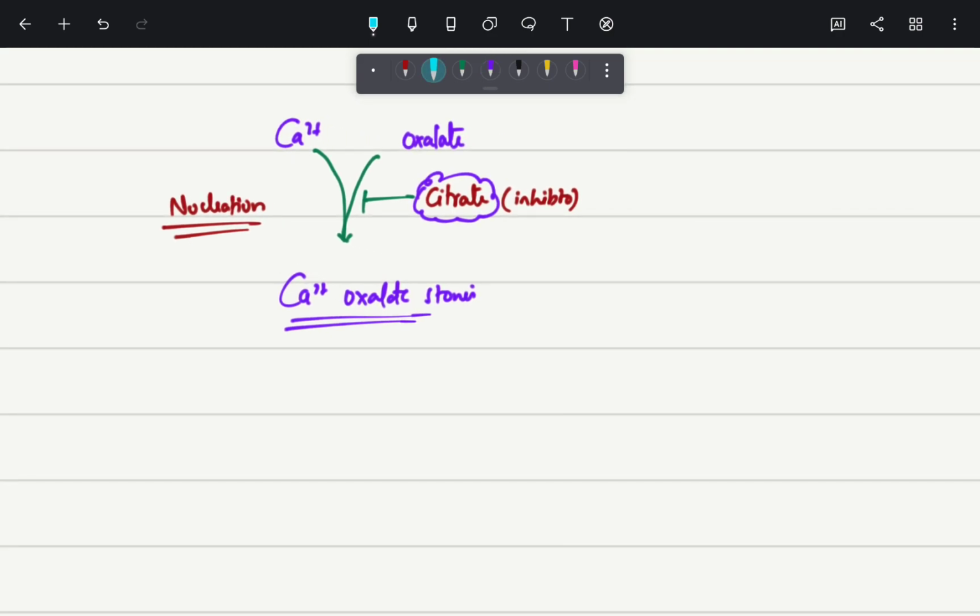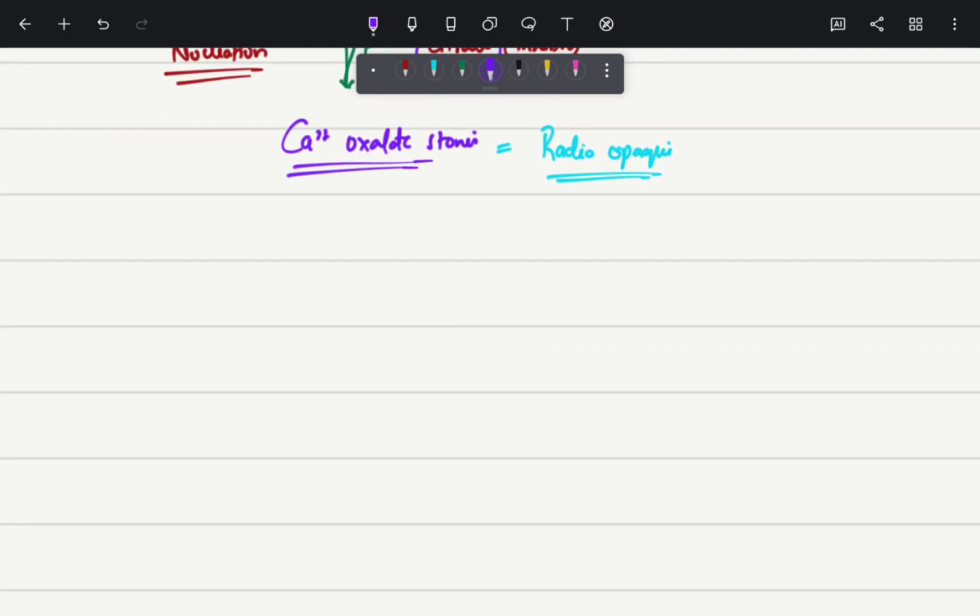Now these calcium oxalate stones are usually radio opaque. What is meant by radio opaque? Suppose this is the kidney, and we did an X-ray.